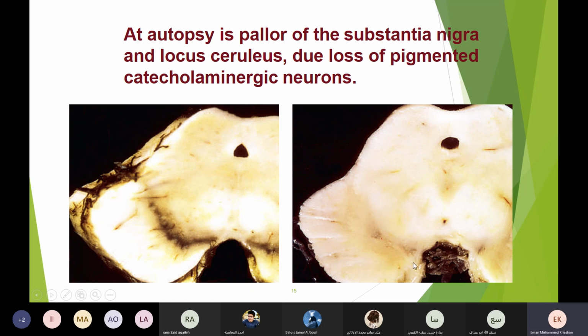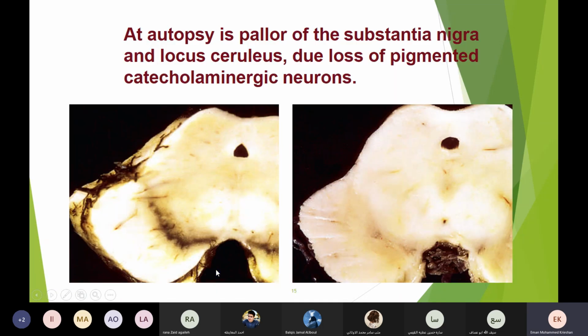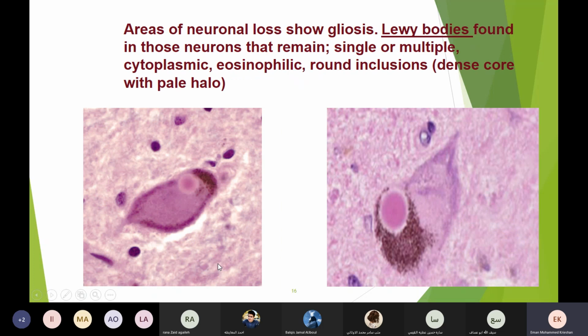It is lost in a patient with Parkinson. Usually it is dark brown in color, and in a patient with Parkinson, where there is loss of dopaminergic neurons, there is loss of dopamine, the color will be pale. So pallor of the substantia nigra in autopsy section.